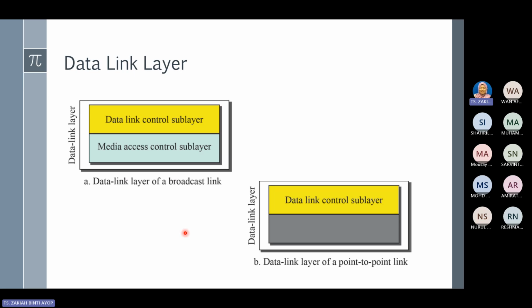Node-to-node delivery. It has to encapsulate the packet or datagram received from the network layer into a frame, and then decapsulate the datagram from the frame. The intermediate nodes also need to do this process.